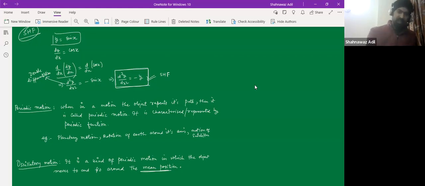And this is periodic, so it repeats its path after some period. That period is called the time period.